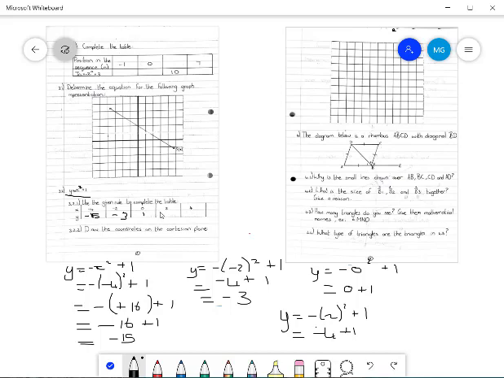That's negative 3. And if it was a 4, that is negative 16 plus 1. That gives me negative 15.